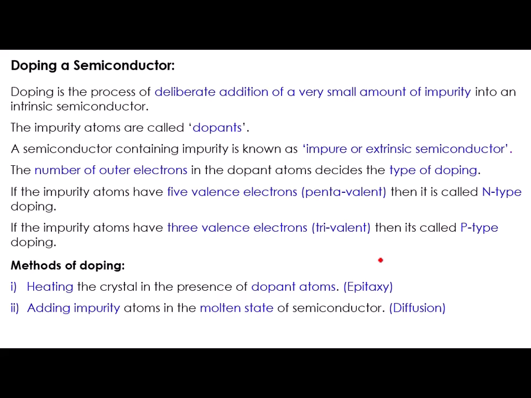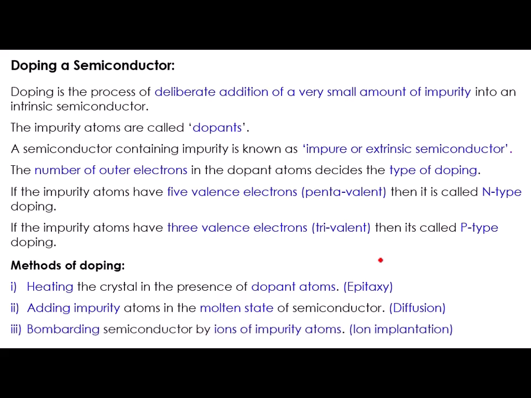After adding those impurity atoms in liquid form, they will be diffused inside the molten semiconductor, in the same way that if you put a drop of ink in a glass of milk, the ink will diffuse slowly inside the milk. In a similar process, they add impurity in the molten state of semiconductors. That process is called diffusion.